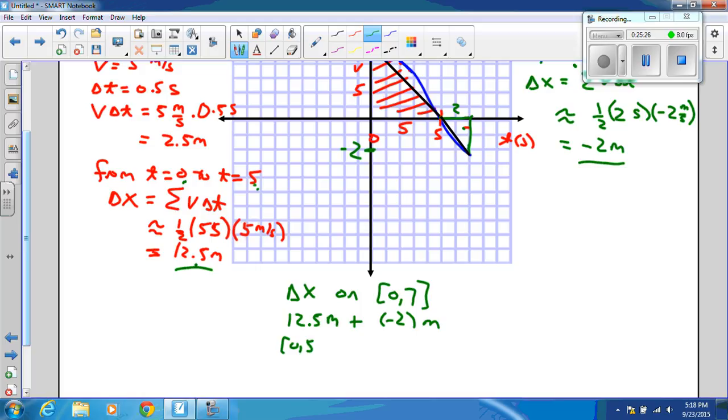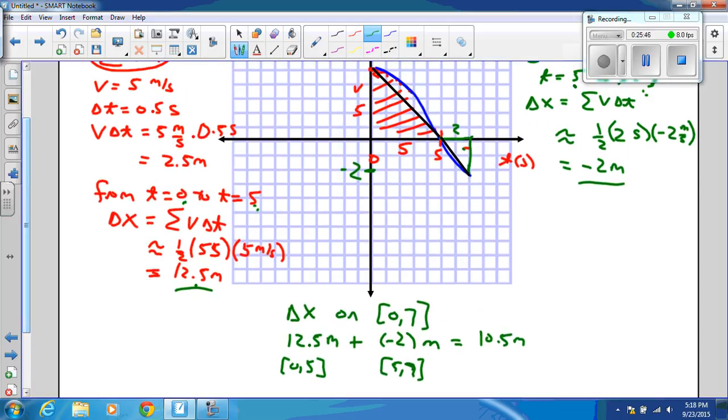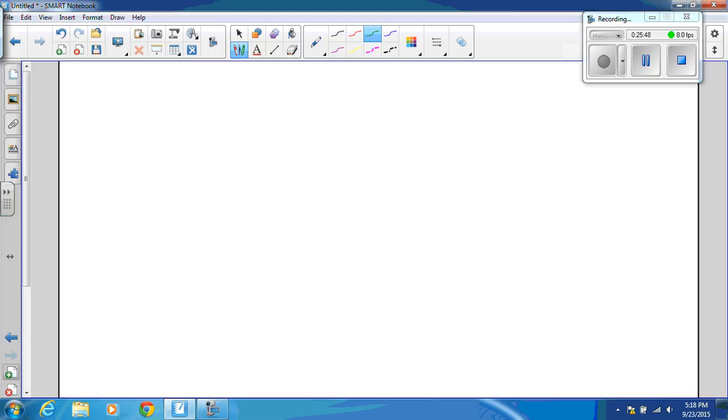So the displacement on 0 to 7 would be equal to 12.5 plus -2 meters. This is from 0 to 5, this is from 5 to 7, and when I add them together, I get the displacement from 0 to 7. And that gives me 10.5 meters.